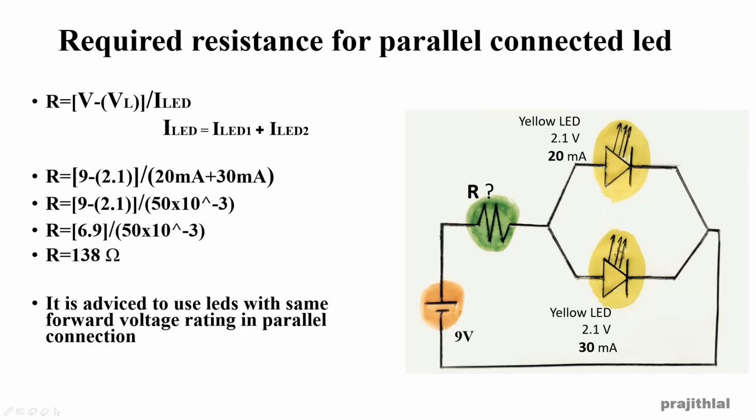So if we adjust the resistance for glowing the high voltage LED, the low voltage LED will burn off. So it is advised to use LEDs with same forward voltage rating in parallel connection.